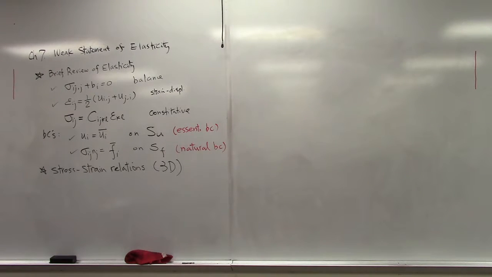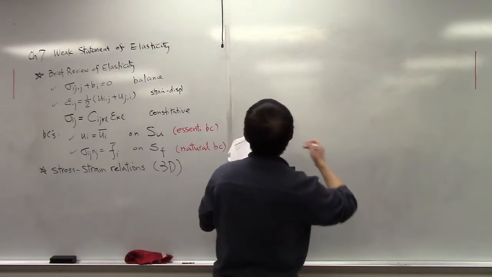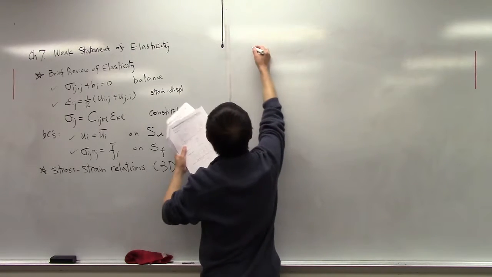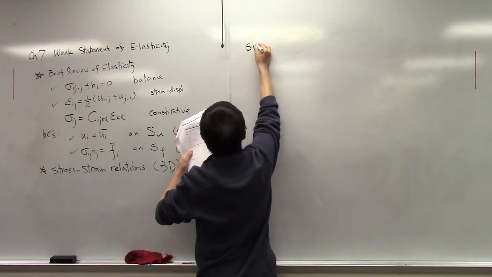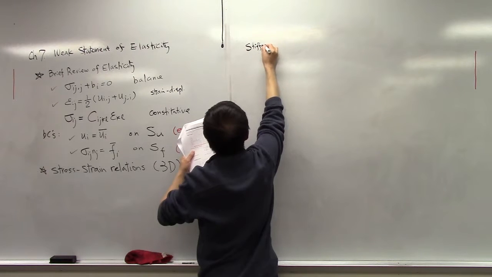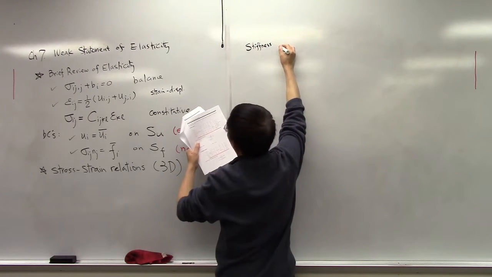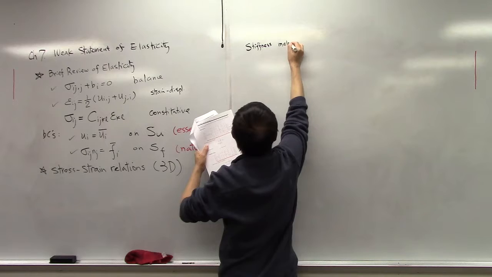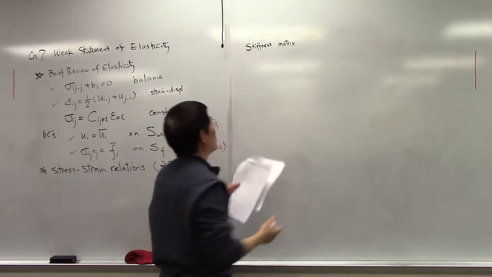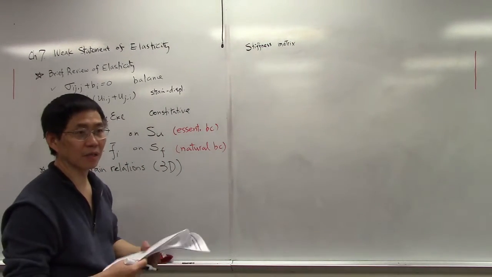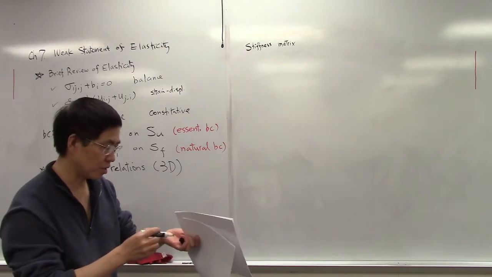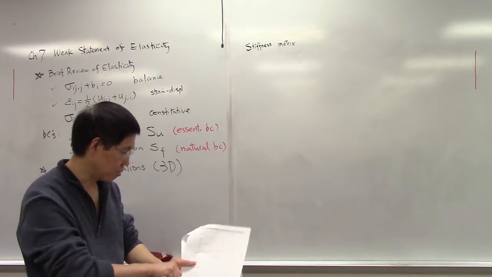For linear elastic material, it turns out there is a linear relationship between the stress components and the strain components. We express that in terms of a matrix. We call it the stiffness matrix. This is the material stiffness matrix, which is different from the element stiffness matrix or the global stiffness matrix, okay? Just to point that out.